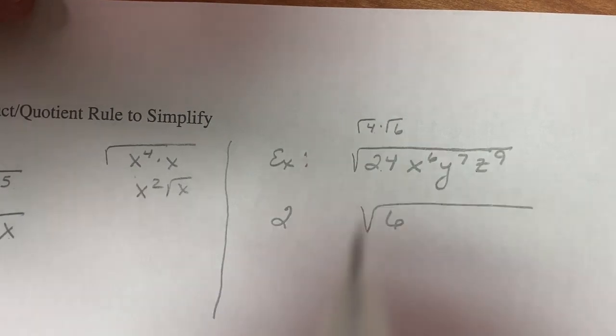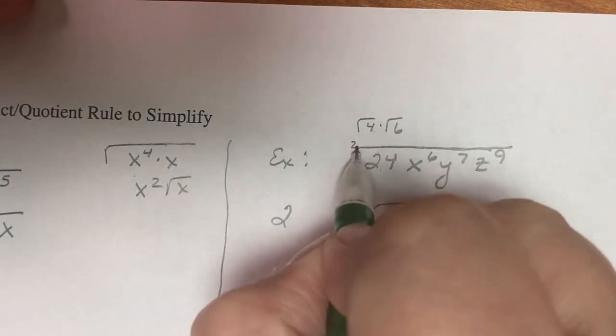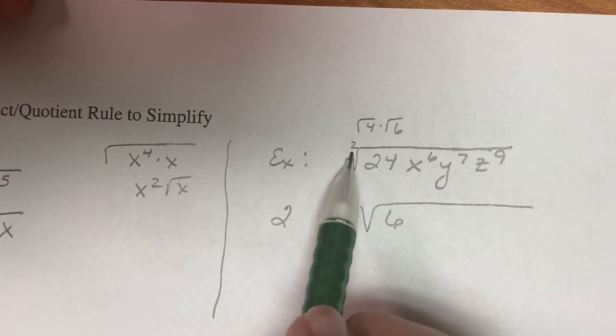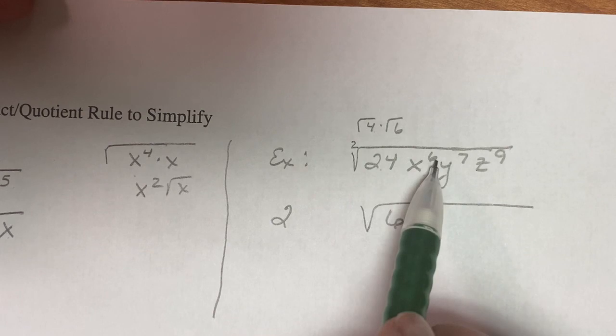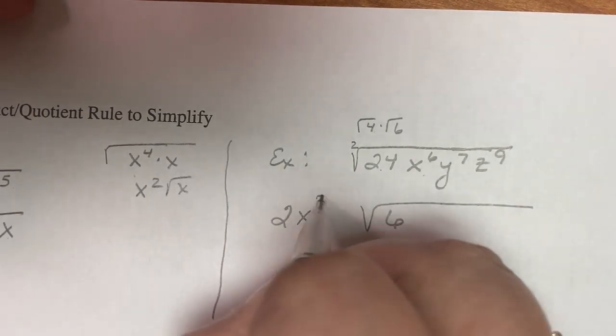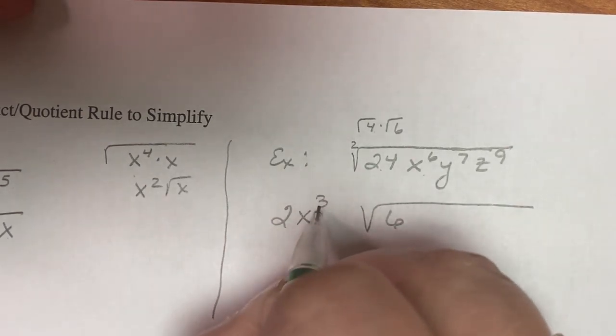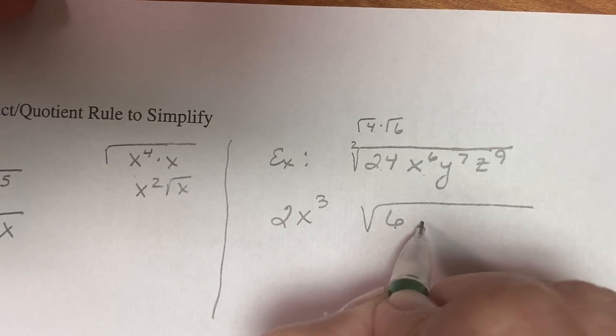Now let's use that rule that I just taught you, that little trick. Remember, there's an understood 2 here. So what's the square root of x to the 6th? Well, 2 goes into 6 3 times, so x to the 3rd is going to come out with none left over. So you're done with the x's.